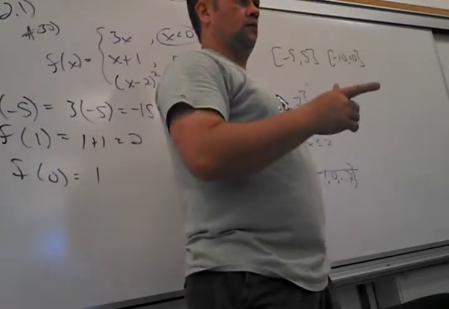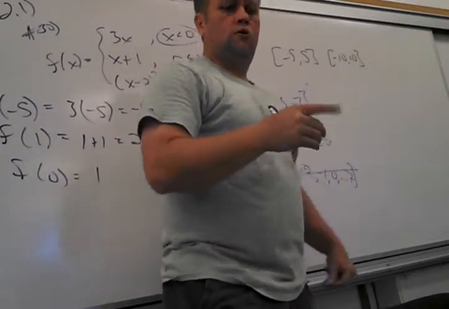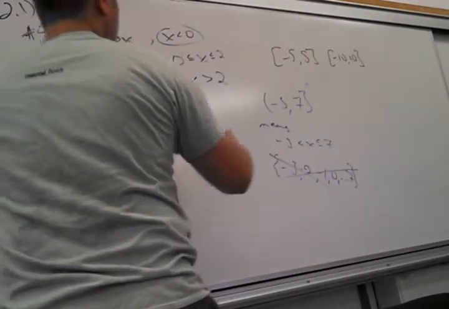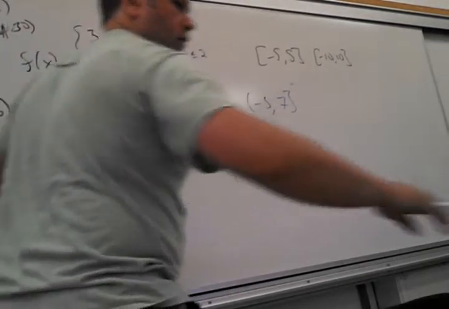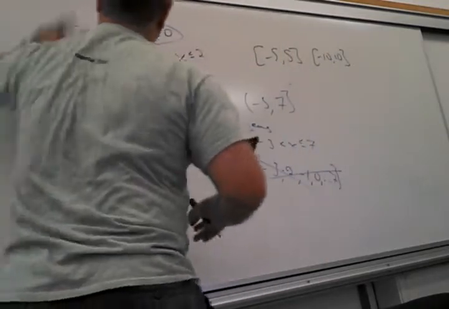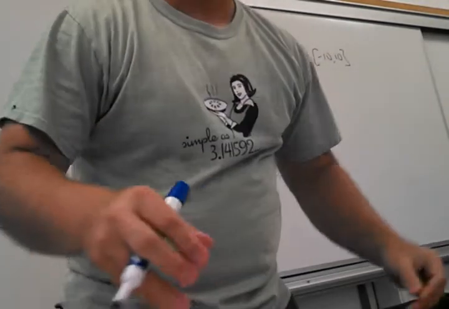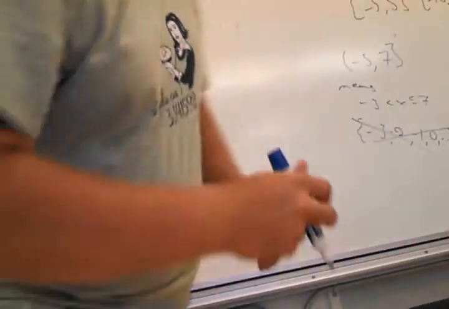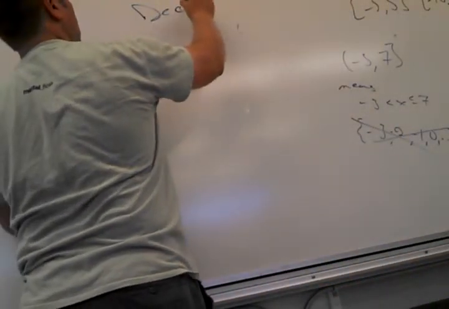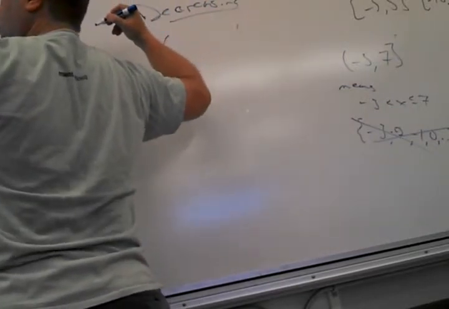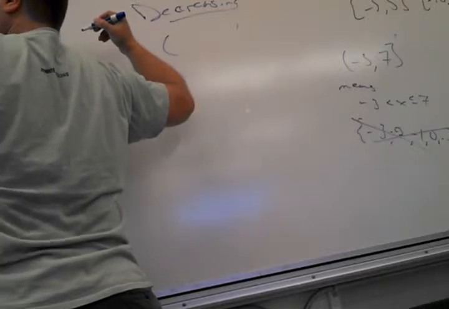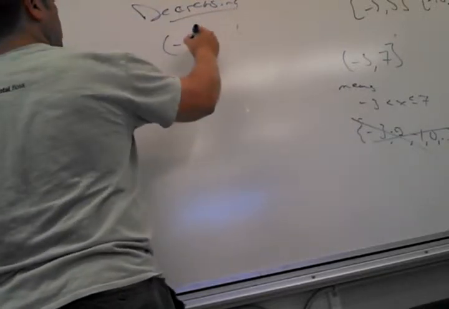So for number 20, for the decreasing one, you could answer it as from -2 to 0.